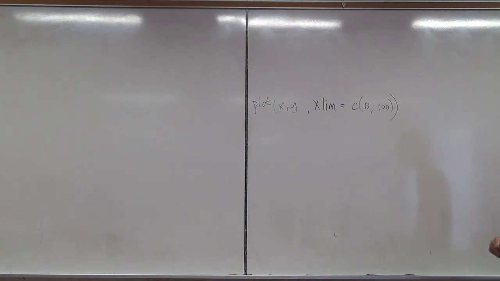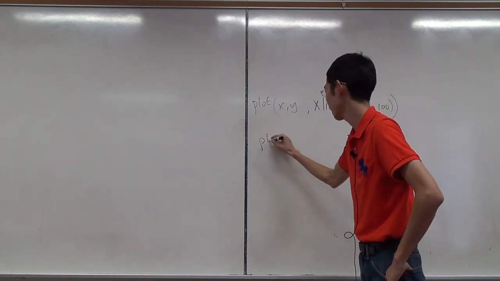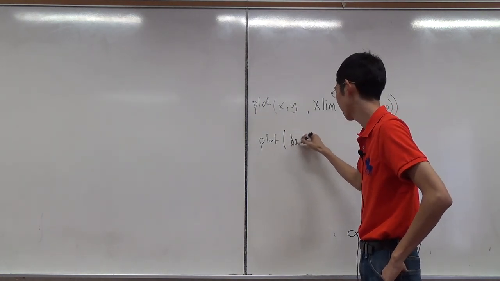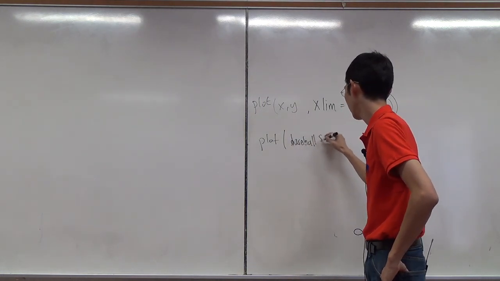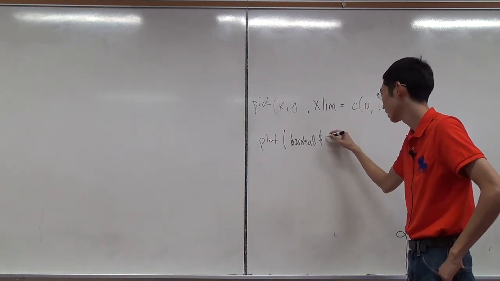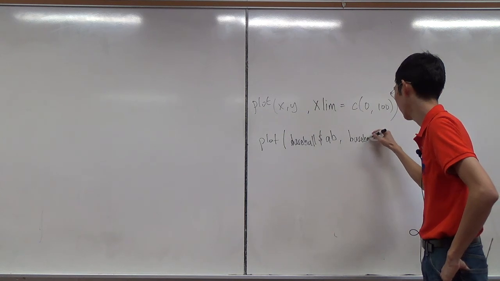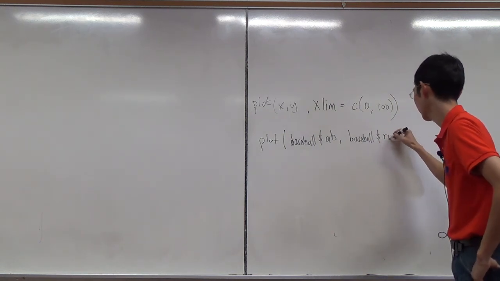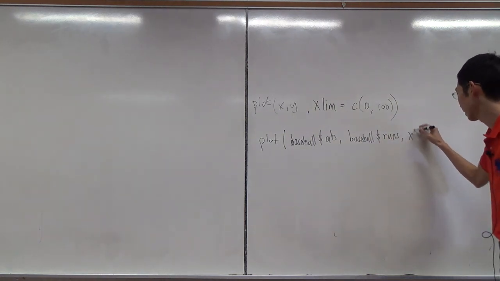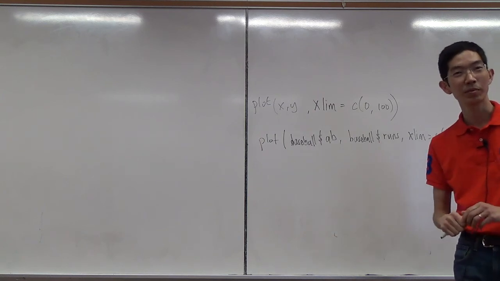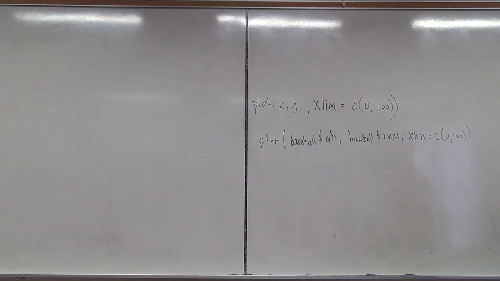So you might put something like plot, whatever your data set name is, baseball$at_bats, baseball$runs, and then xlim equal to c, whatever appropriate numbers would go there.